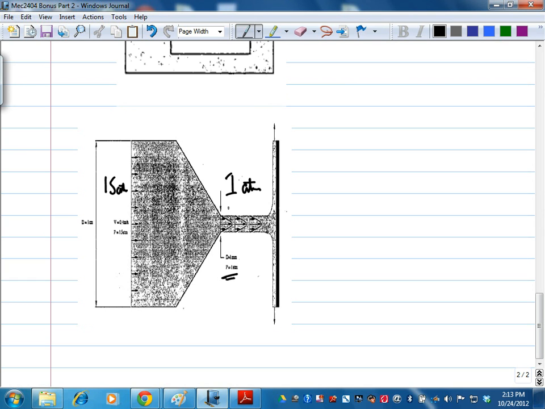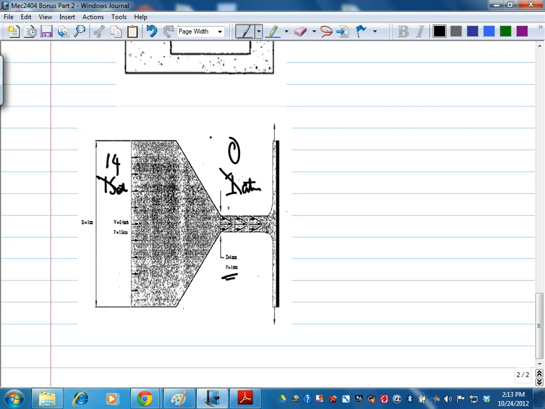I think I accepted both because the question didn't say, although the diagram says. So if you want to put 15 and 1, it's easier then to put 14 and 0. It's easier that way. If you put 15 and 1, then you have to worry about the pressure on the outside and so on. Okay?